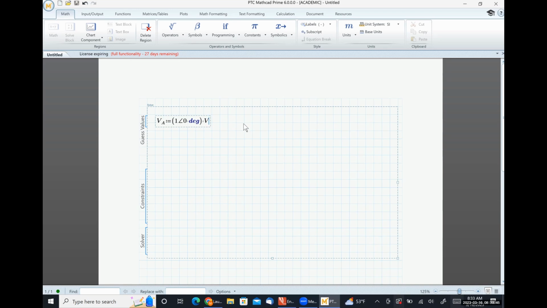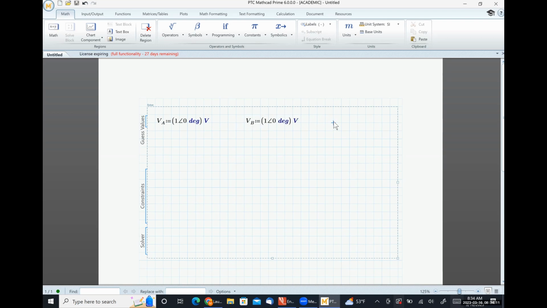Okay. I'm going to do a similar thing for VB through VE, right? So V, Control-minus B, Shift-colon is equal to, open parentheses 1, Control-Shift-P, give me my angle sign 0 DEG, volts.